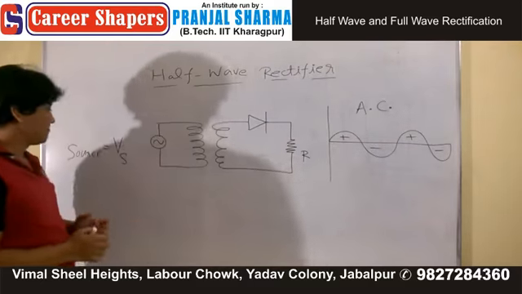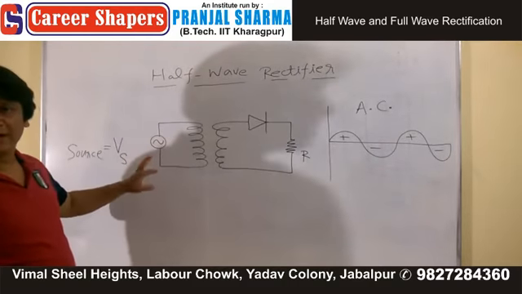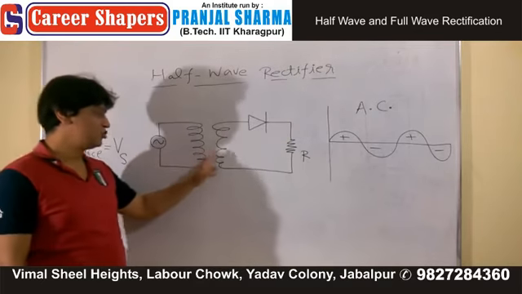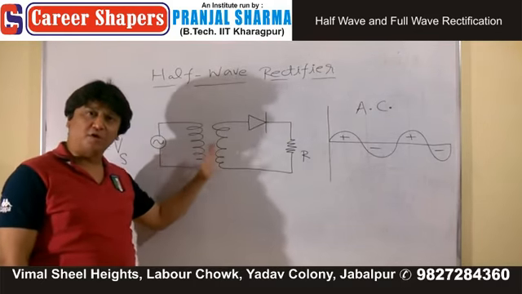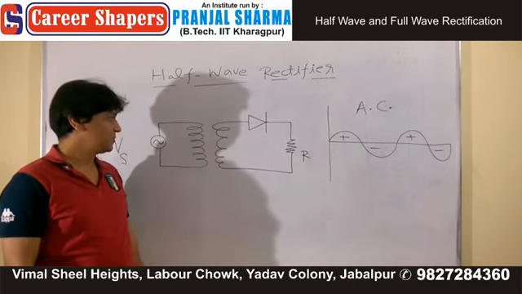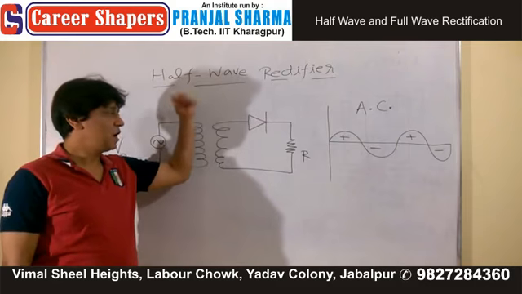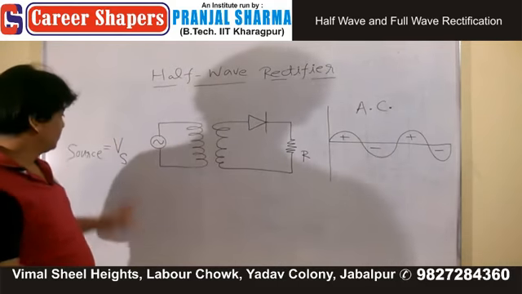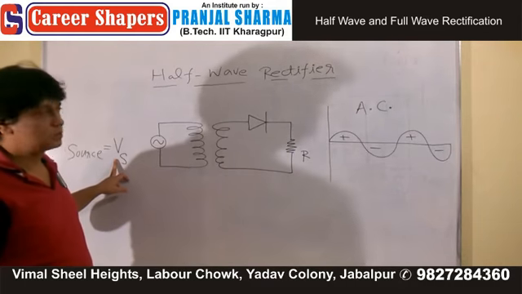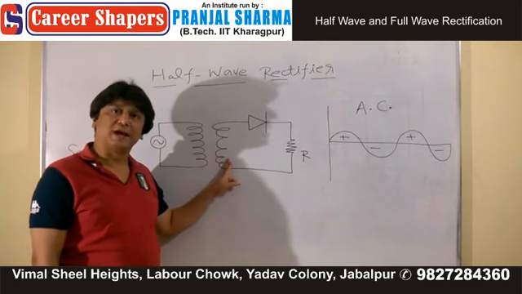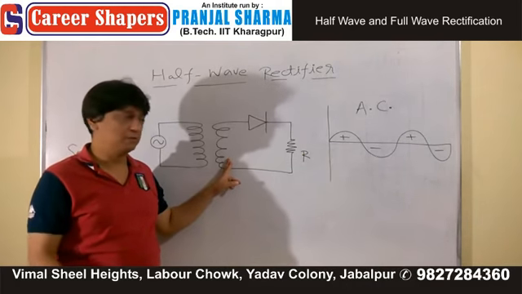Now, assuming 100% efficiency, we'll say the same potential difference and the same number of turns. You are interested in the concept part, basically how the half-wave rectifier works. What we are saying is that this same alternating source voltage is available to the secondary coil.